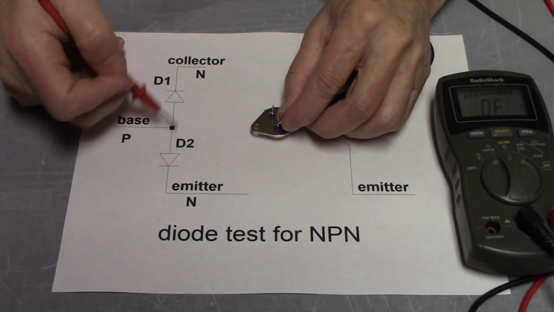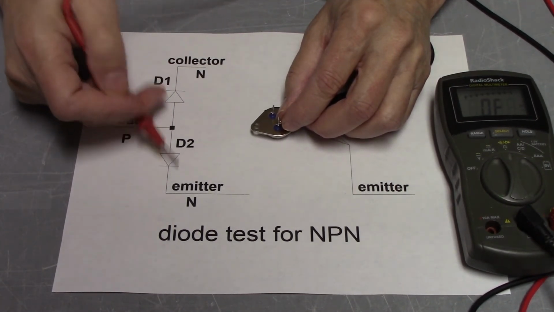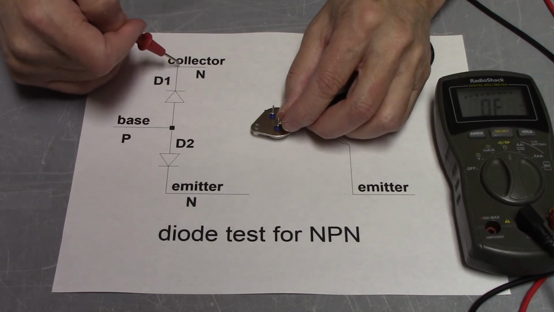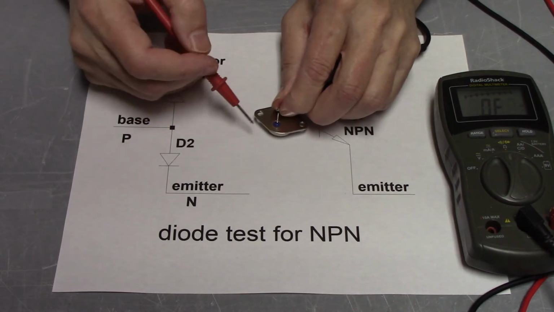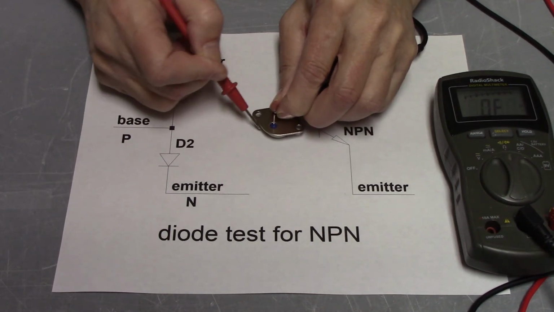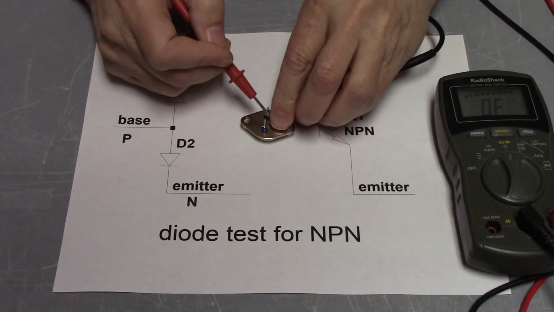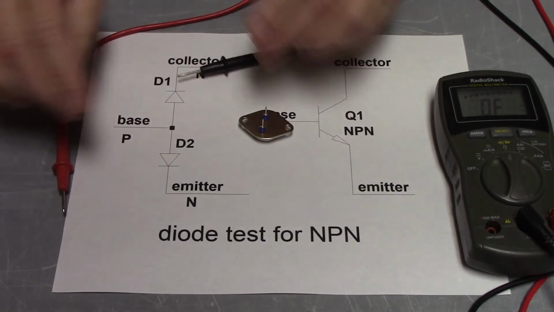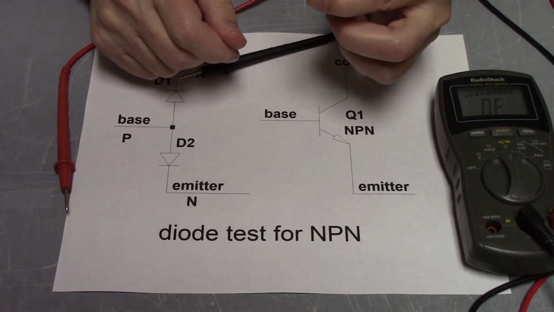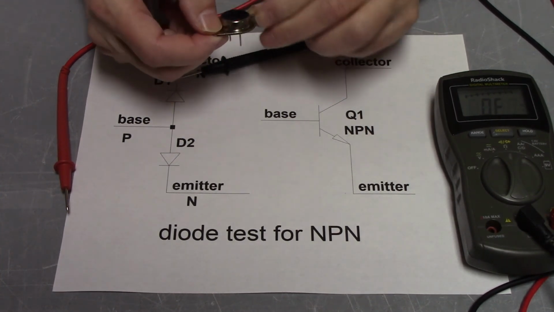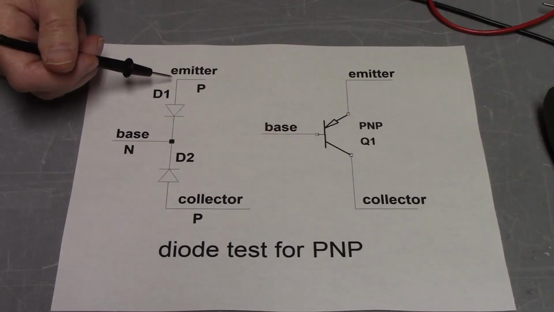Because we have 2 diodes in series, but with a flip of polarity, there should be no conduction in either direction from collector to emitter. This one we said was the emitter, and we go to the collector and there's nothing going on there. We reverse our leads, nothing going on there. So grossly, we know at least that this transistor probably works pretty well, and that it isn't shorted out and won't do horrible things to us when we run our test.